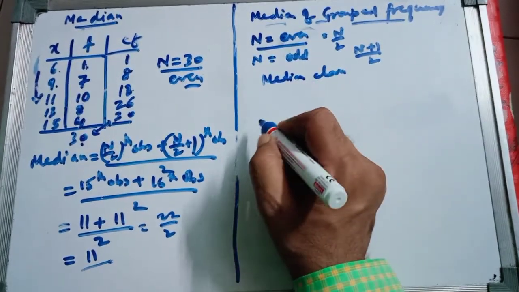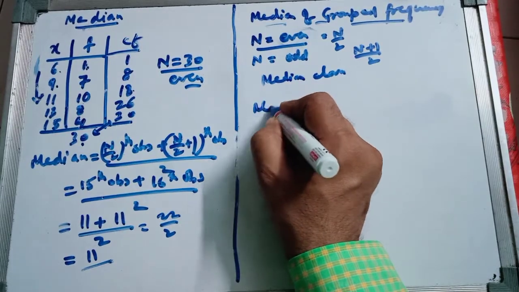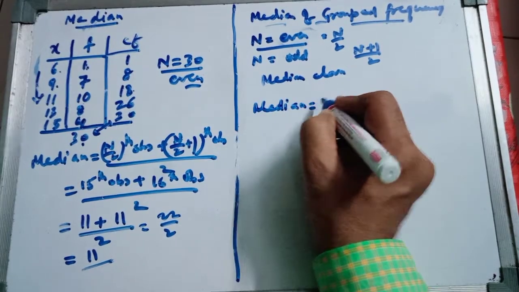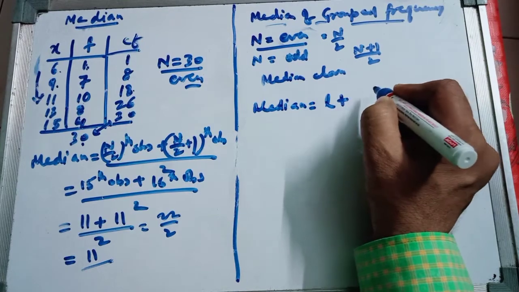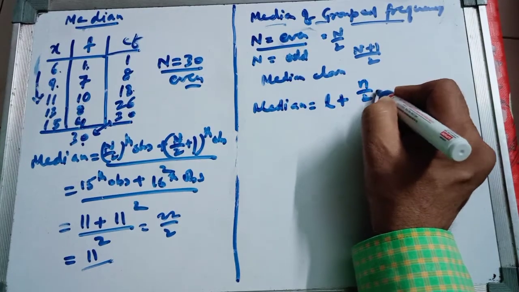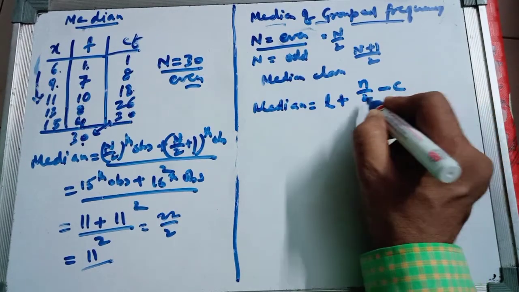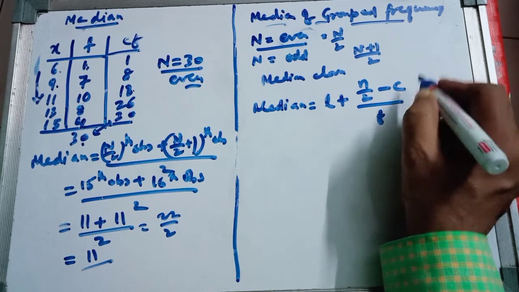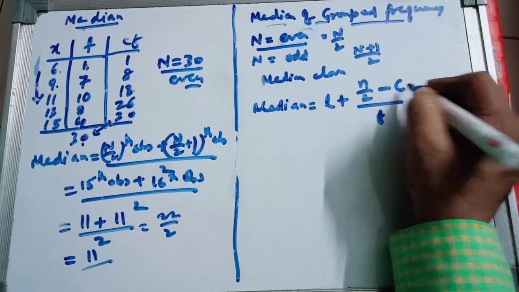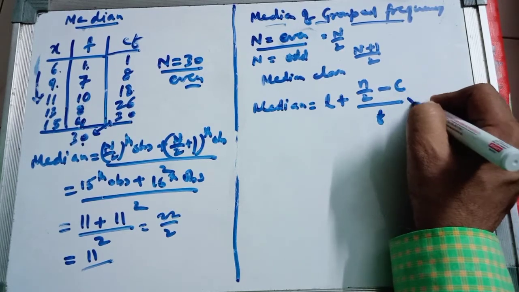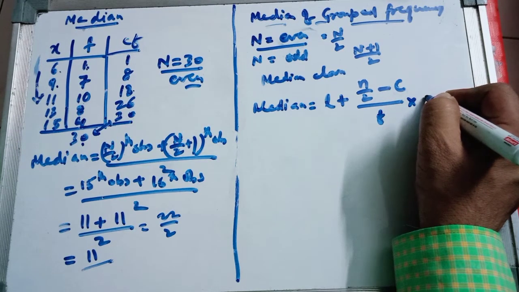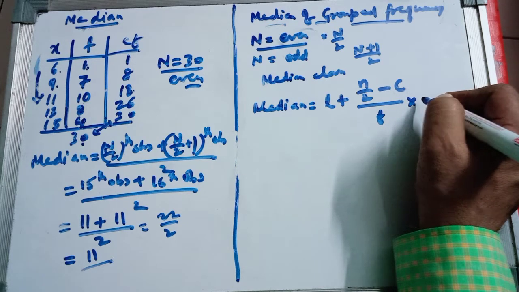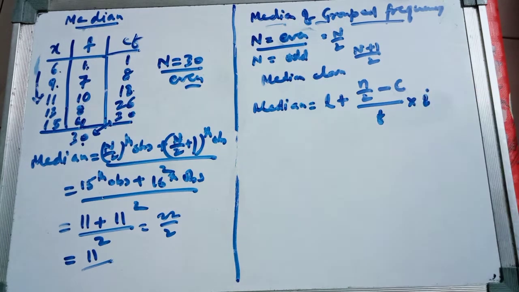Now the formula is: median is equal to l plus ((n by 2 minus C) upon f) into h. This C is capital C, cumulative frequency. I'll write h, this is the class size.